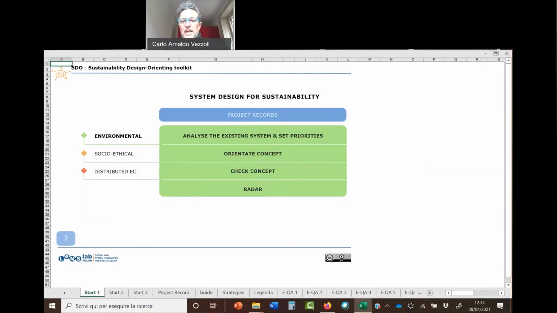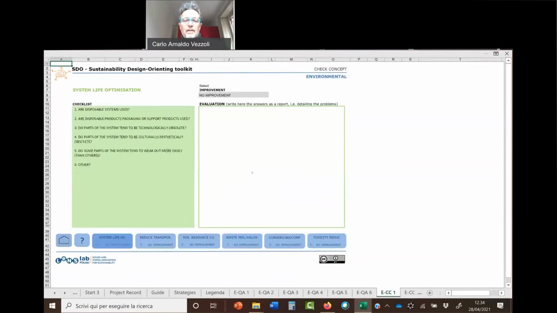The other thing is to check the concept. So again, here, as we did for the product level, we have a sustainable product service system concept that has been developed, and we compare the existing system with the system concept developed, again in relation to the six criteria.